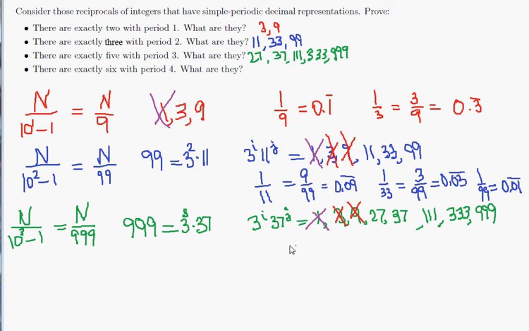And let me do a couple of these real quick. So 1 over 27 is equal to 37 over 999. And so by our theorem, that is equal to 0.037 bar. 1 over 37 is equal to 27 over 999.